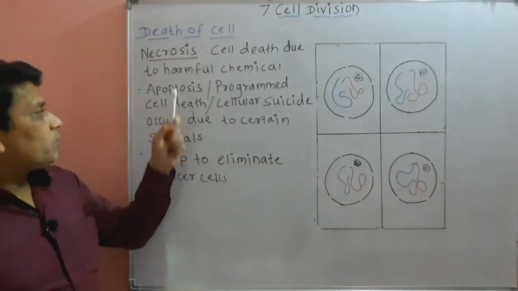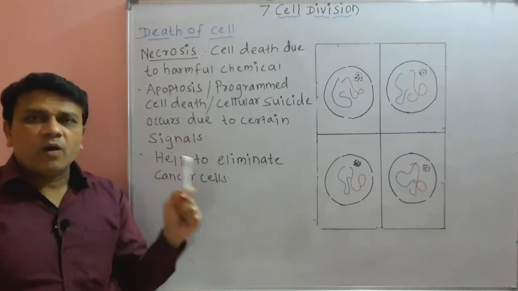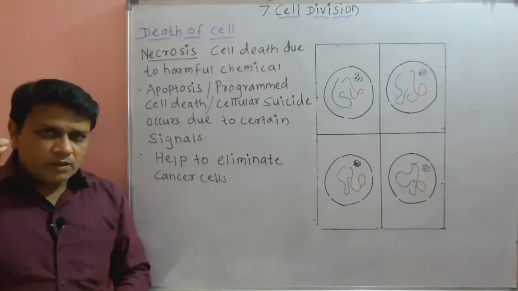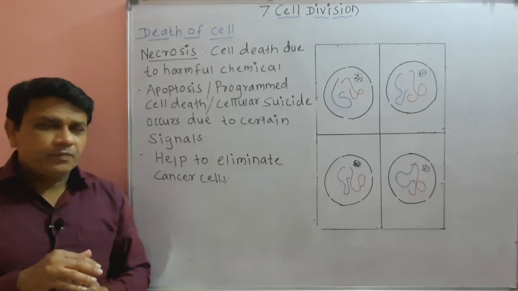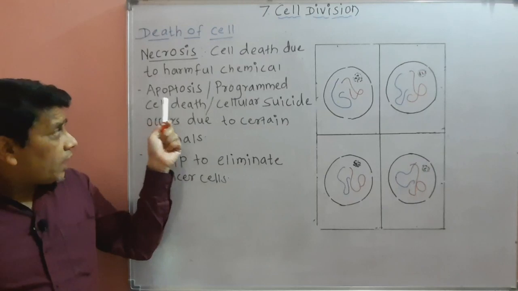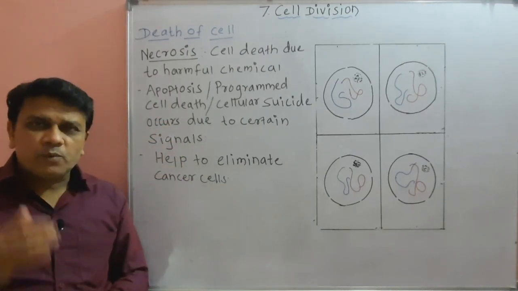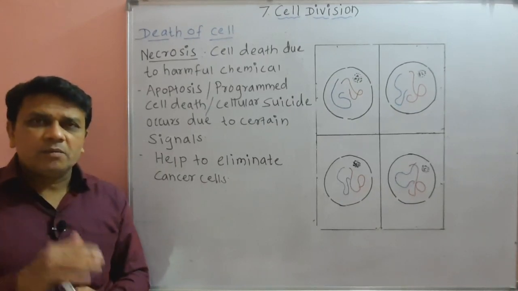Then apoptosis, also called programmed cell death or cellular suicide, occurs in the cell due to certain signals. Apoptosis, or programmed cell death, helps to eliminate the cancer cells in the body.